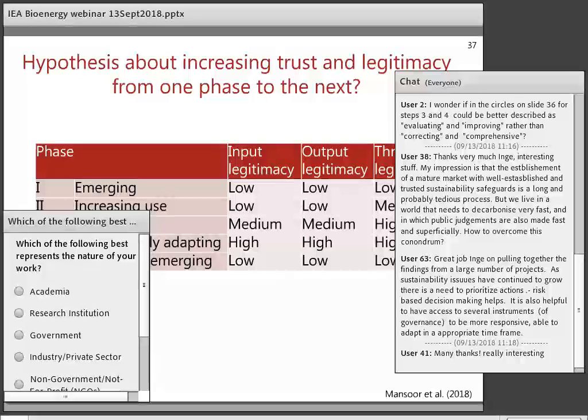generally the risk assessments are seen as more cost efficient than forest certification, for example. And also that it's a cost that especially the larger companies can manage.